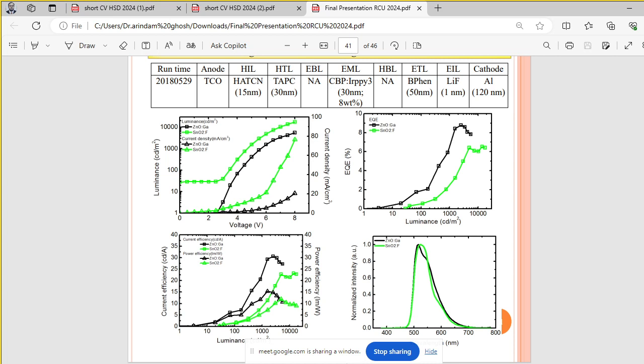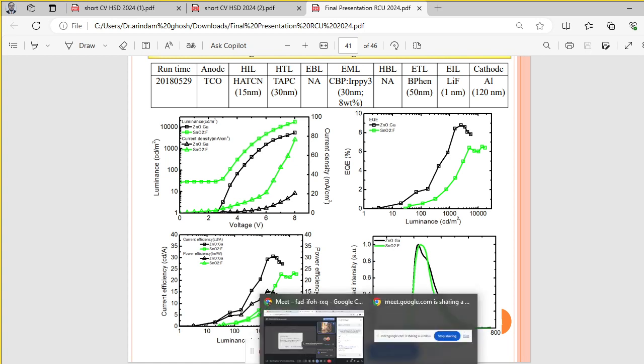The driving voltage of the device with SnO2:F is around 3.4 volt at 100 cd per meter square. For gallium doped it's 4.2 volt. This increase in brightness was due to the high current density in SnO2:F, fluorine doped tin oxide.